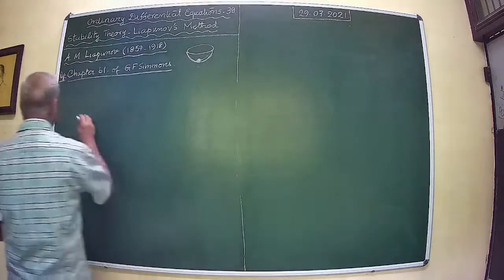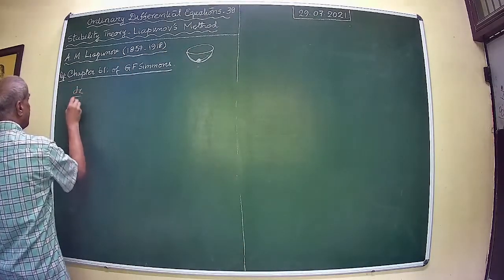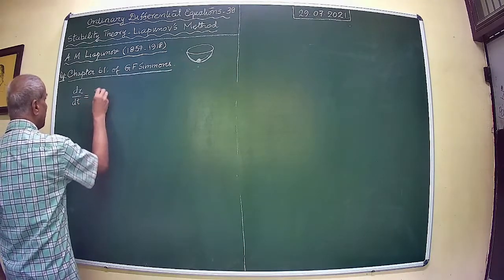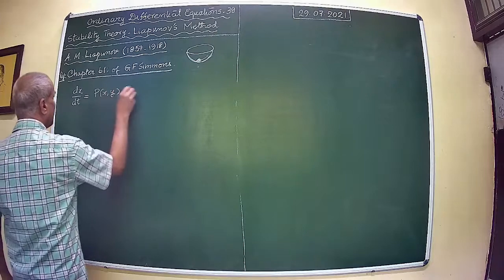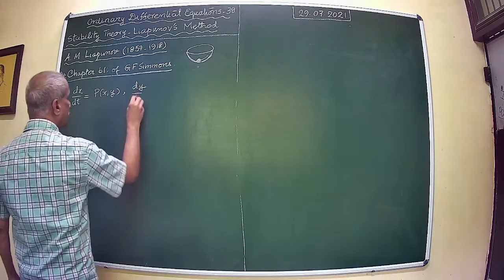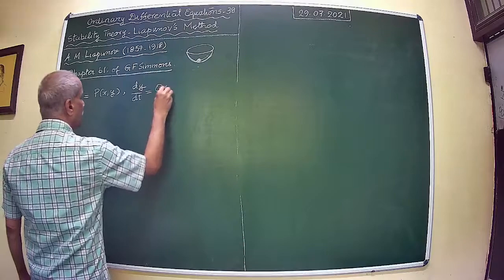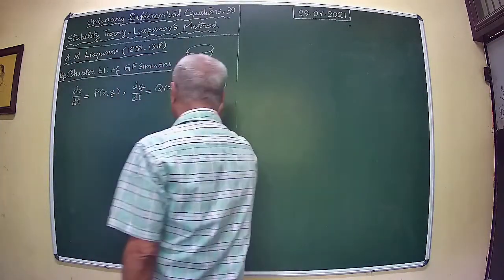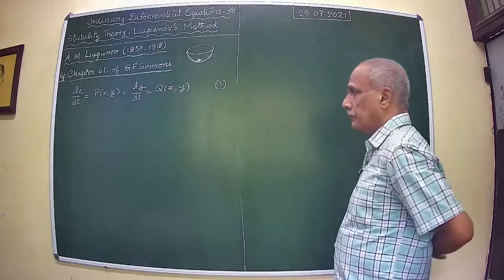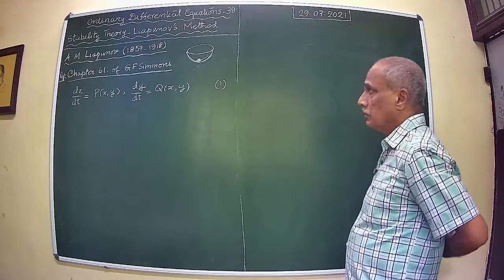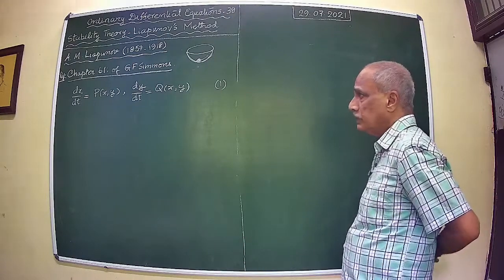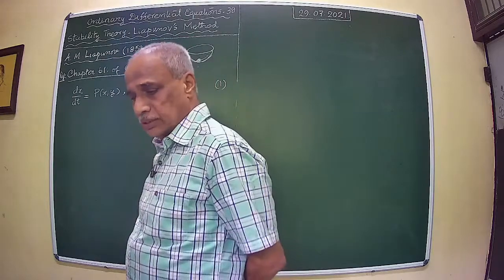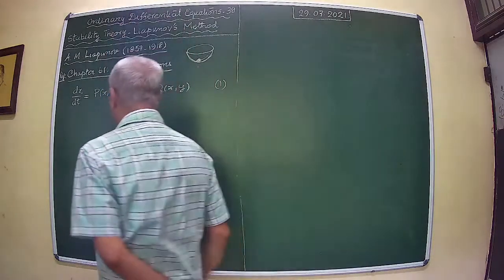So what we are looking at is a system. I'm following the same notation as we were using in Simmons. He uses F and G. Okay. So this is the system that we look at.